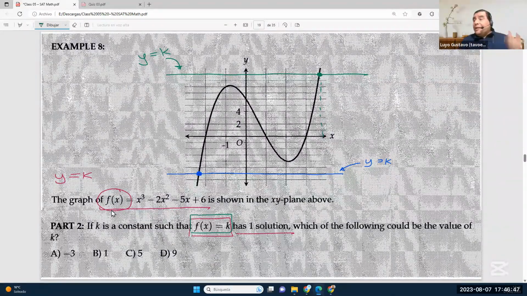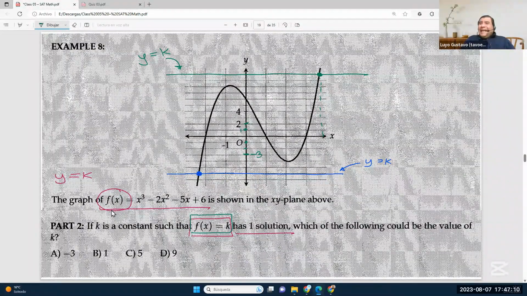Let's take a look at one at a time. Could it be y equals -3, or f of x equals -3? Where is -3? Take a look. If this is 2, clearly this is 1, and this is -1, and this is -2, and this is -3 here.